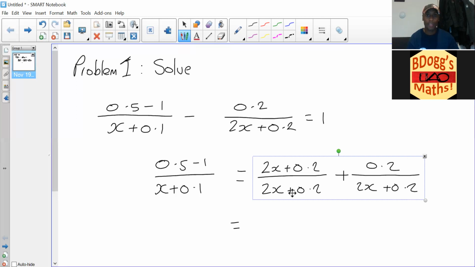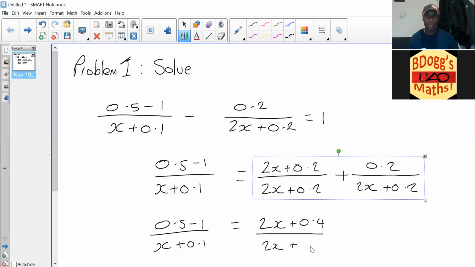So when I do everything together, I will end up with 0.5 minus 1 over x plus 0.1 equaling, adding these two together, 2x plus 0.2 plus 0.2 is 2x plus 0.4 over 2x plus 0.2.